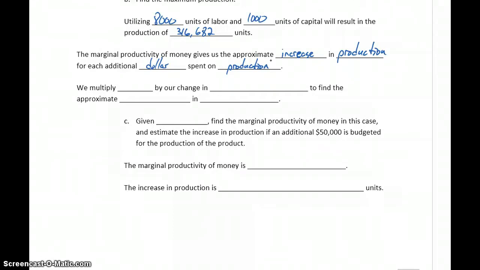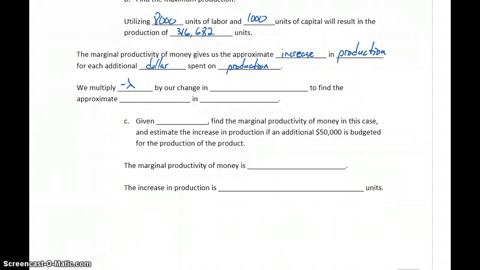To find that marginal productivity of money, we multiply the opposite of whatever our value for lambda is. Keep in mind, lambda was a value that came into play when we did optimization with constraints. So in manually working that problem, there would be some value for lambda that we would find.